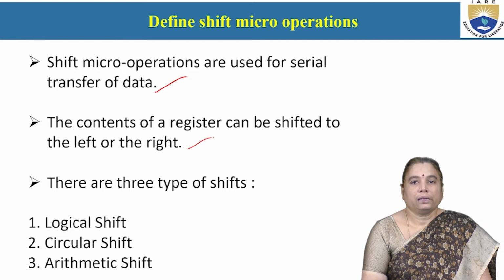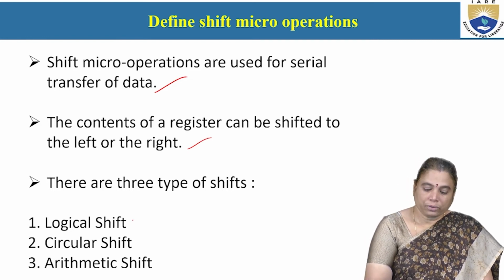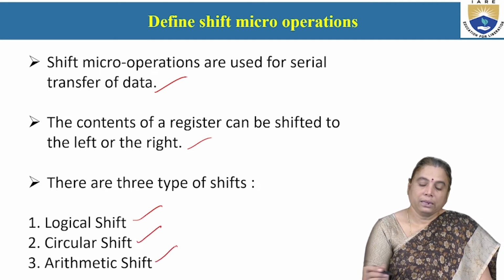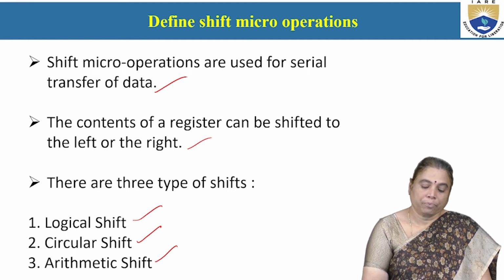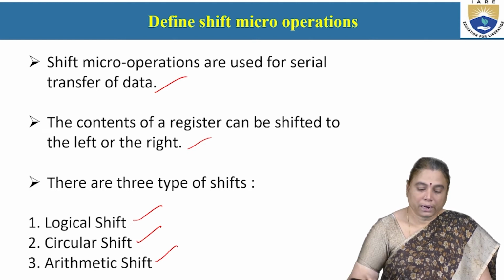There are 3 categories of shift operations: logical shift, circular shift and arithmetic shift. In each shift, either left direction or right direction shift can take place. So there are totally 6 micro operations regarding the shift micro operations.